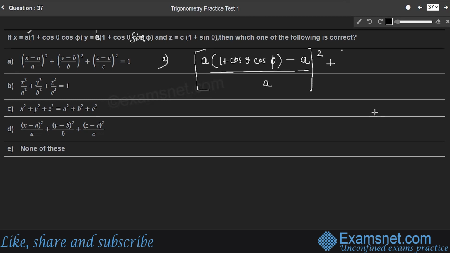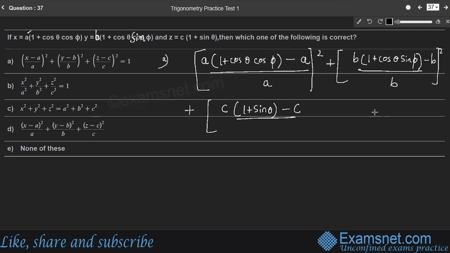Since y is b into 1 plus cos theta into sin pi, right? So minus b divided by b the whole square. Plus, the third term is z minus c by c the whole square. Here z is c into 1 plus sin theta, so z minus c divided by c the whole square, right?